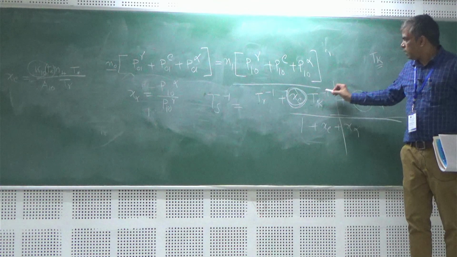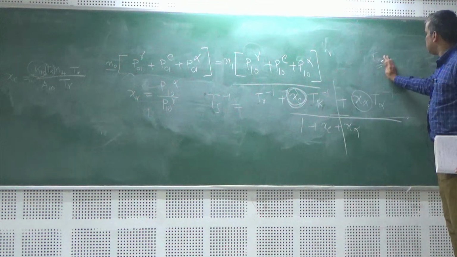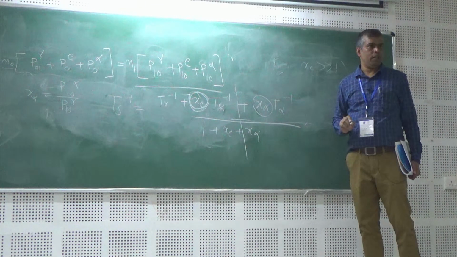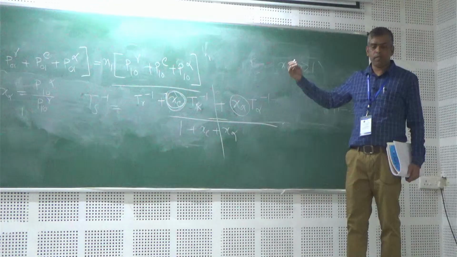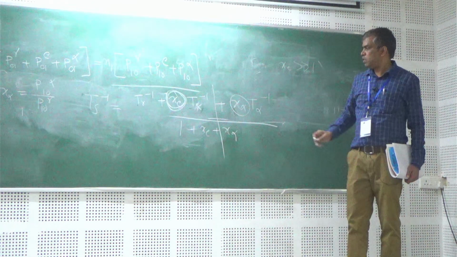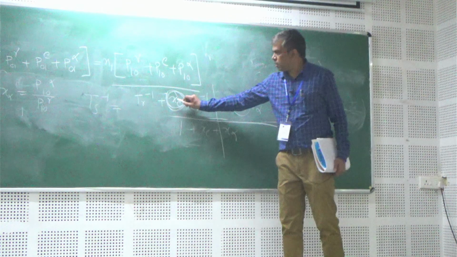And in that case, let's say Xc is extremely large. If we assume Xc is much greater than 1, when the coupling coefficient is very strong, then tell me what is the value of spin temperature in this equation? Just exclude this part. What is the value of spin temperature when Xc is very large?